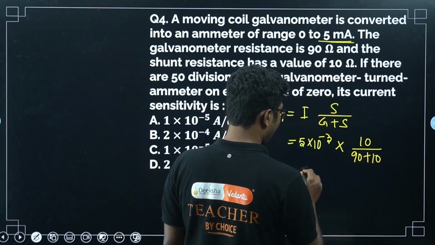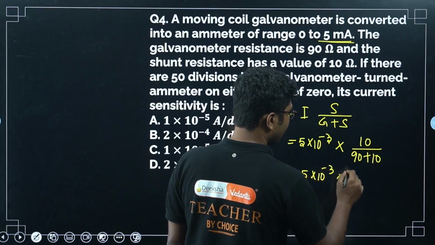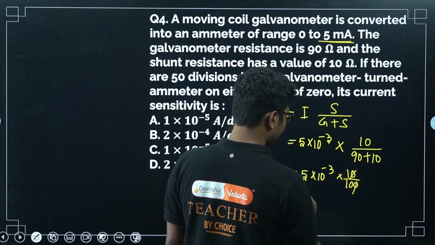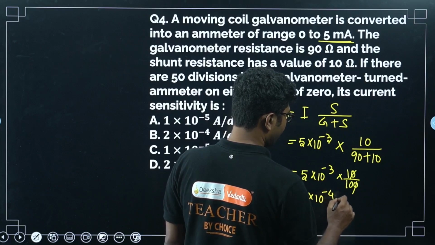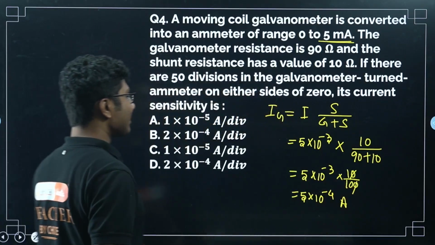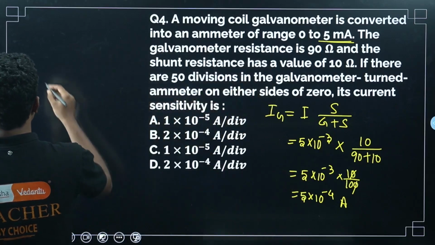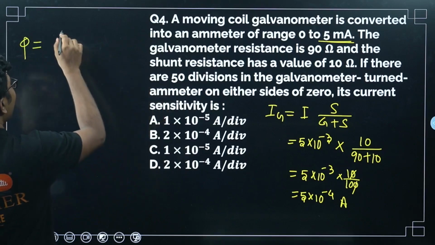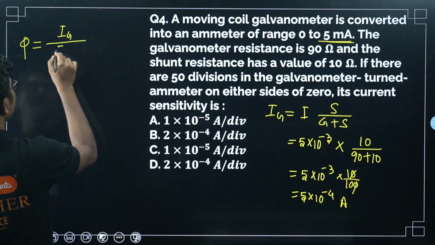So it will be 5 times 10 to the power of minus 3 times 10 by 100, right? So it's cancelled. So we can write 5 times 10 to the power of minus 4 ampere is the current through the galvanometer. Now to measure this current, how many divisions are there? There are 50 divisions. So the current sensitivity is given by maximum current divided by maximum divisions.